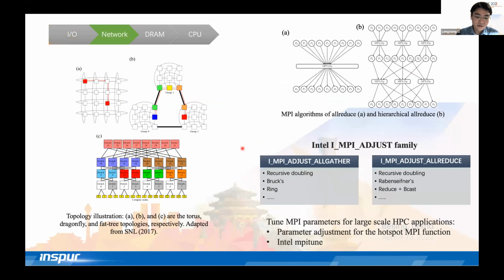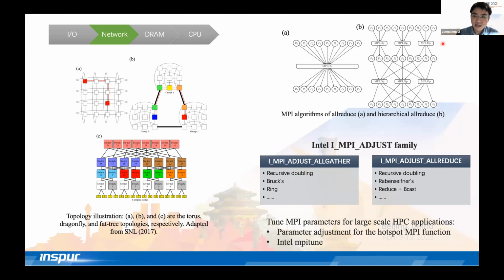The second optimization step is related to the network. As we know, there are mainly 3 kinds of network topologies, such as Torus, Dragonfly, and Fat-tree. For parallel computing, most HPC software uses the MPI library. In each MPI function, there are many different algorithms.